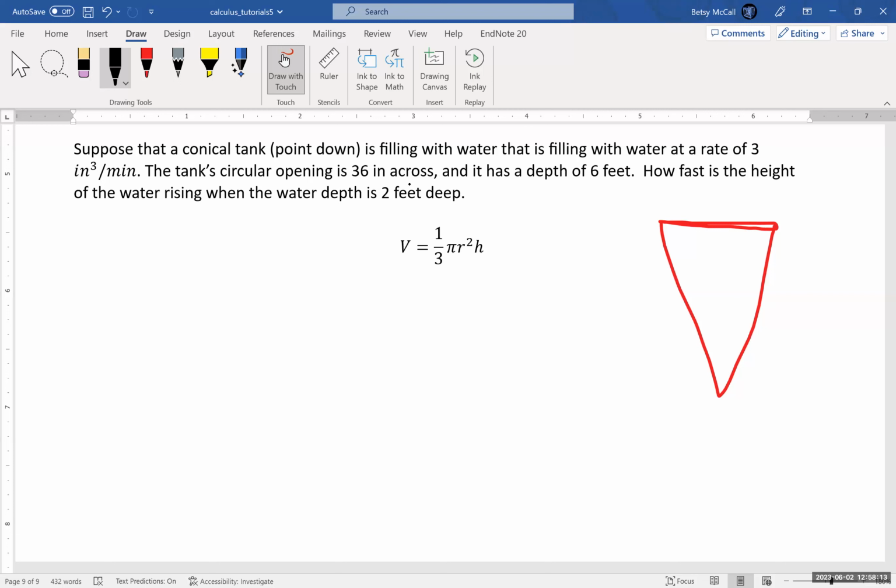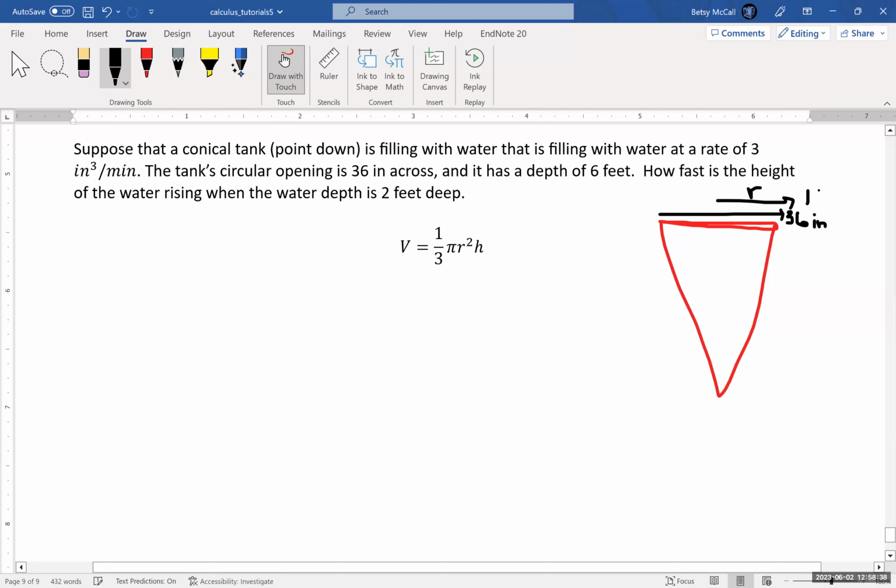Now, this tank's circular opening right here is given as 36 inches. Keep in mind that since this is 36 all the way across, the radius is going to be 18 inches.